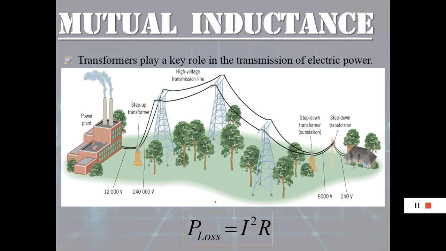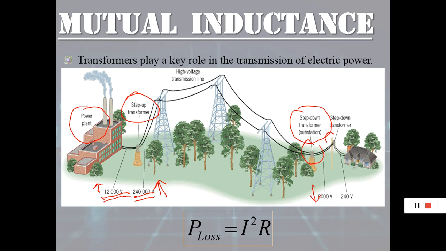We can see that the transformer plays a key role in the transmission of electric power. We have a power plant, and you can notice this is 12,000 volts. It goes to the step up transformer, and you can see the voltage increases more, and goes to the high voltage transmission line. It comes to the substation step down transformer, which decreases the voltage.